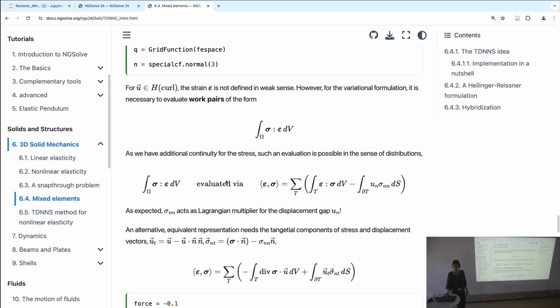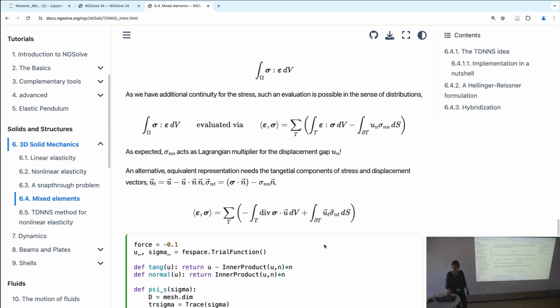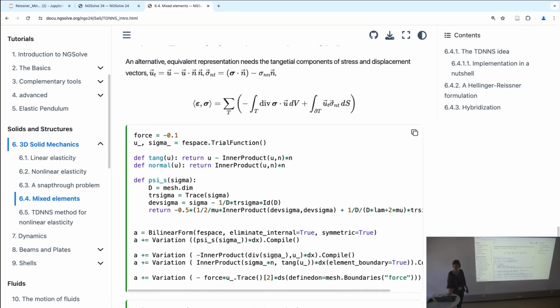That's all you have to do. Replace the work integral by this expression, or equivalently, after doing some integration by parts, by something like that, depending on which differential operators you like best. And then that's the formulation put in NGSolve.